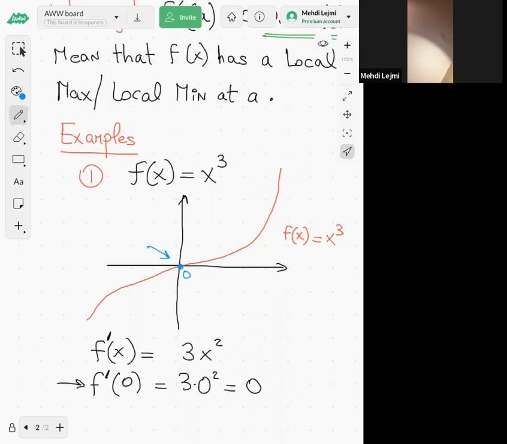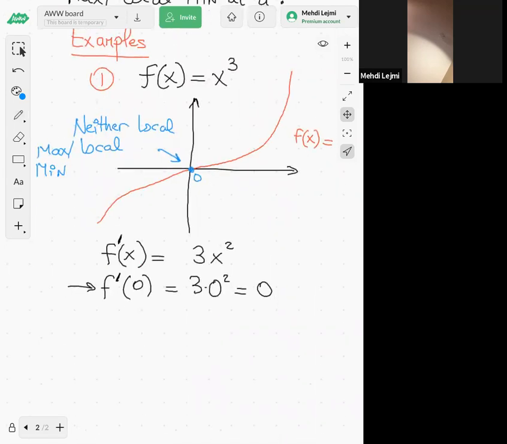So it's neither local maximum nor local minimum. The fact that the derivative is equal to 0 at a doesn't mean that f of x has a local maximum or local minimum at a.